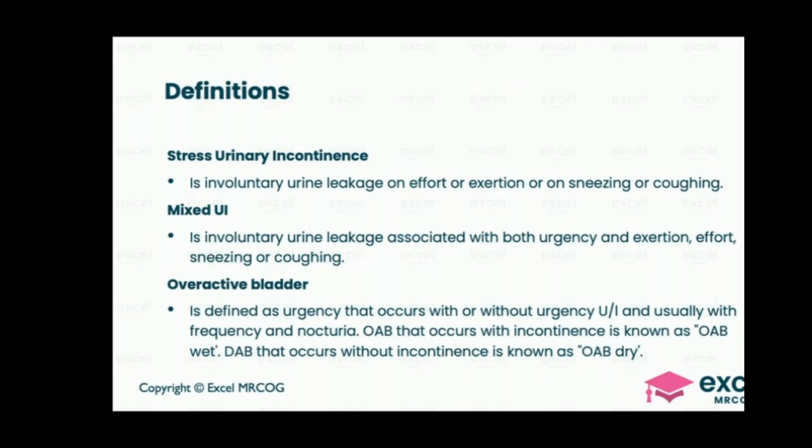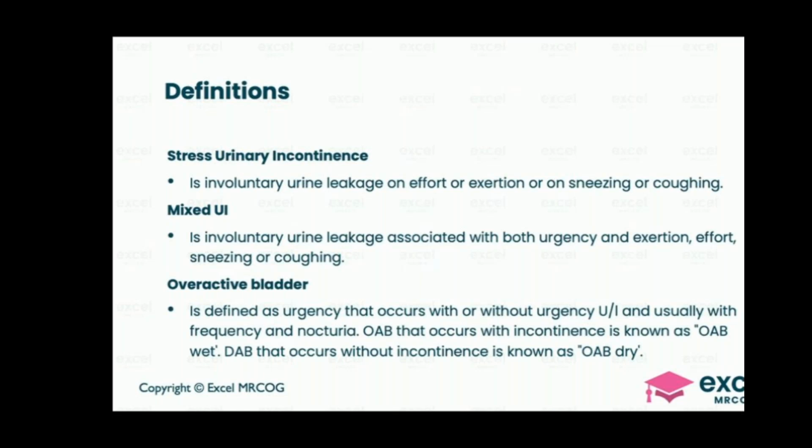Mixed urinary incontinence is when the lady has symptoms suggestive of OAB, that is urgency, frequency, nocturia, and urge incontinence, and at the same time, symptoms suggestive of SUI as well. That is, she also leaks while sneezing and coughing. Then it is mixed urinary incontinence.